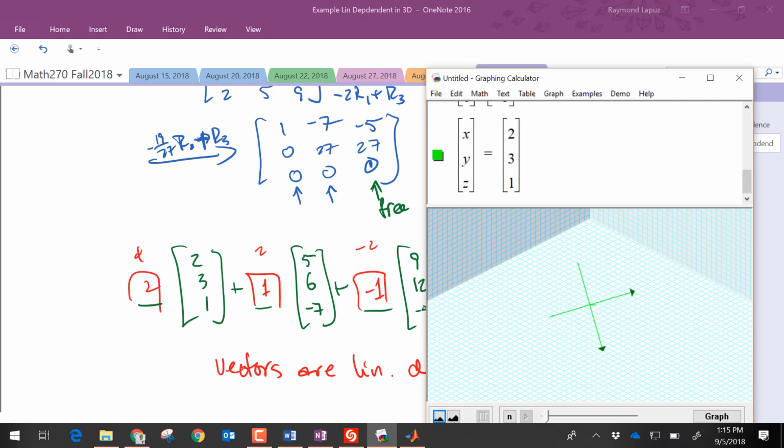I'm going to write two of them as a linear combination, and I'm going to use parameters t and s. I think I need to use u and v though.